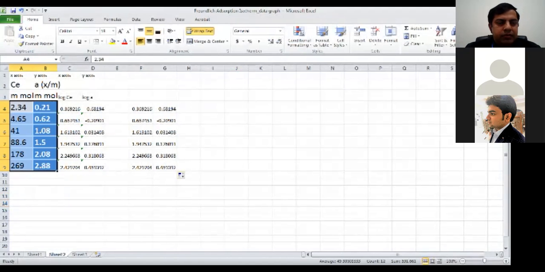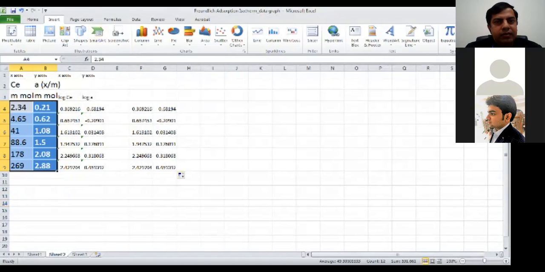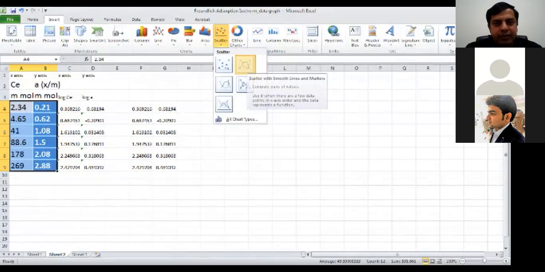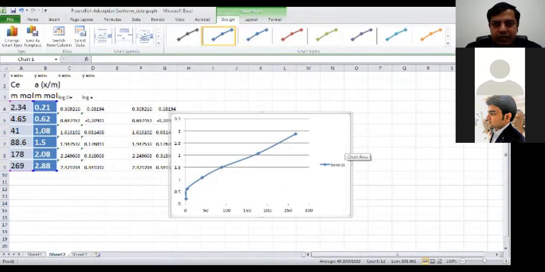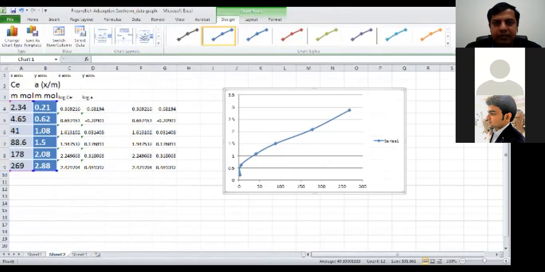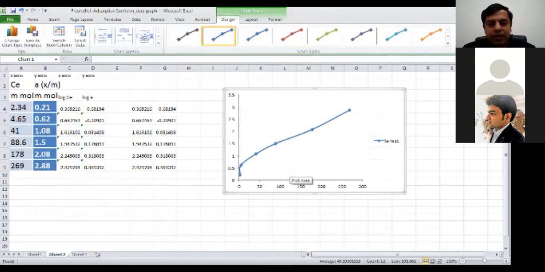So I'm going to select this one and then you go to Insert. This is the right way. Have a scatter graph. You can plot any of them and this will give you the curve. This is all about the adsorption isotherm. You can just select and delete irrelevant things because it will give a good impression of the graph.